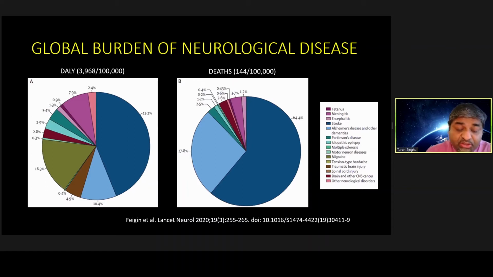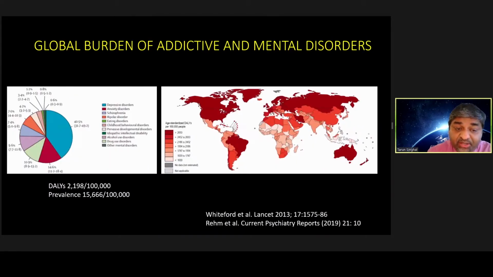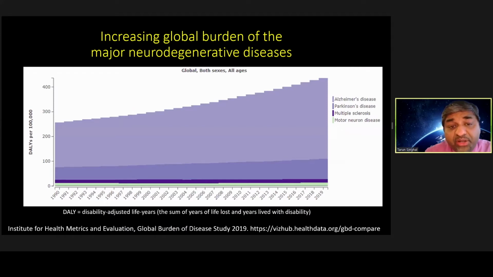These include time lost due to diseases like stroke, dementias, Parkinson's disease, multiple sclerosis, epilepsy, traumatic brain injury, headaches, etc. A comparable number of disability-adjusted life years are lost due to neuropsychiatric illnesses, largely including depressive disorders, anxiety disorders, conditions like schizophrenia, substance abuse, etc. And these conditions are also widespread around the world. Unfortunately, the burden of many of these diseases is increasing over time, depicted here for neurodegenerative diseases.